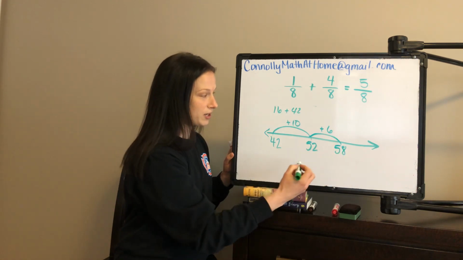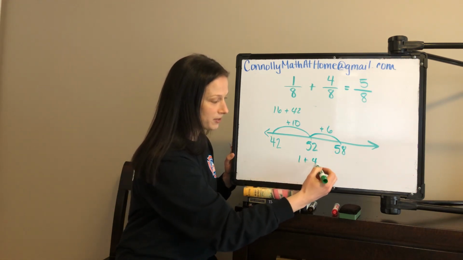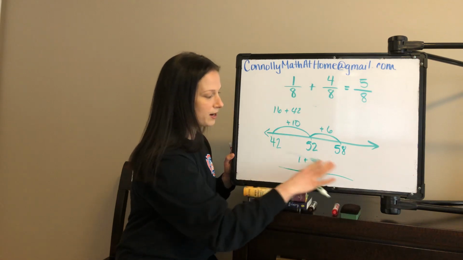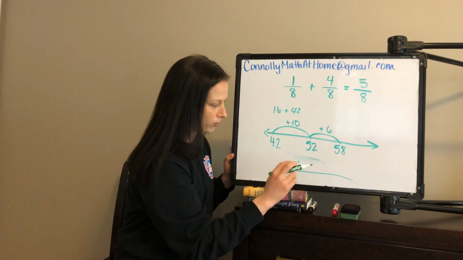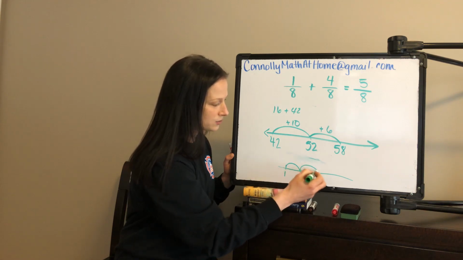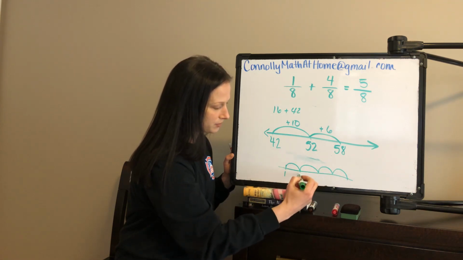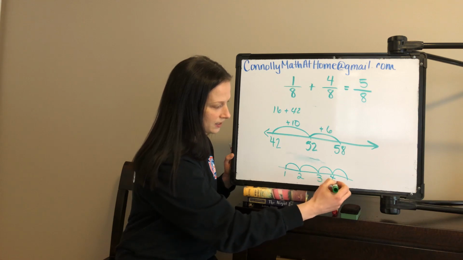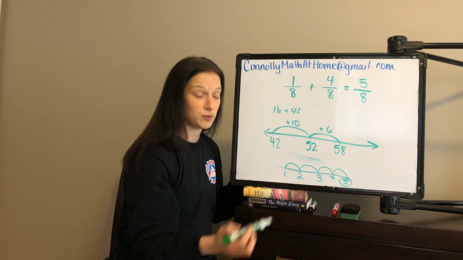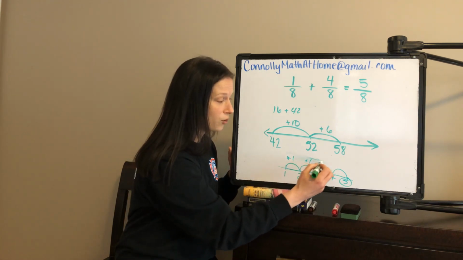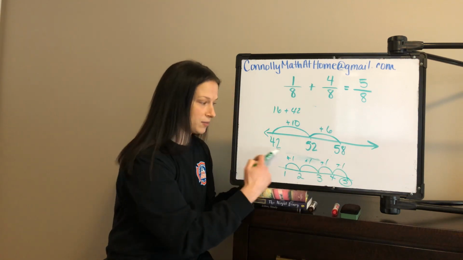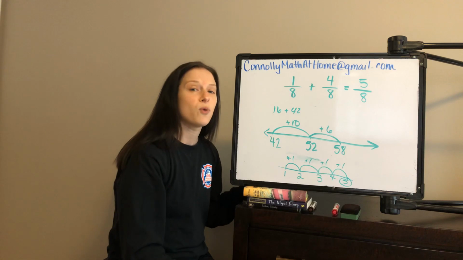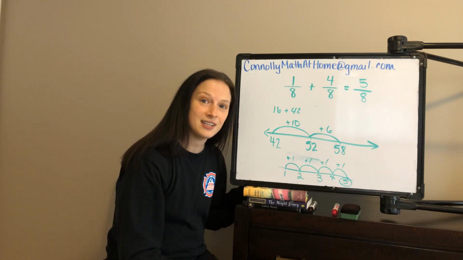Or if you were working with smaller numbers like 1 plus 4, and you wanted to show 1 plus 4 on the number line, you would start with 4 and add 1, 2, 3, 4 jumps. And that's what we would do with whole numbers. We labeled it plus 1, plus 1, plus 1, plus 1. What we're going to do with fractions is the same thing.